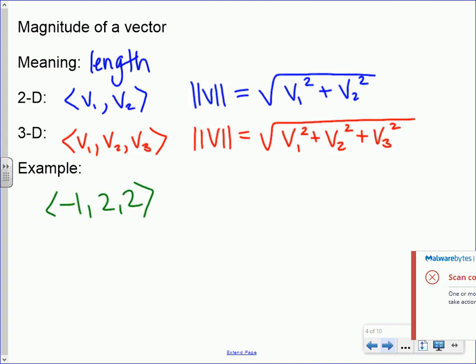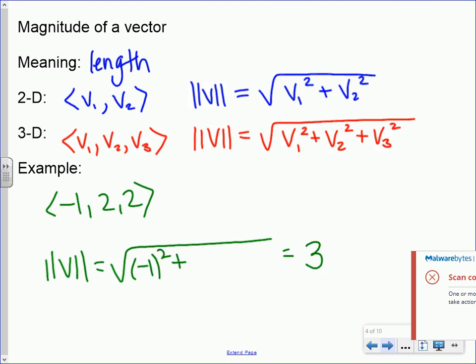Calculate the magnitude of this vector, negative 1, 2, 2. Maverick, what's our magnitude? 3. 3?